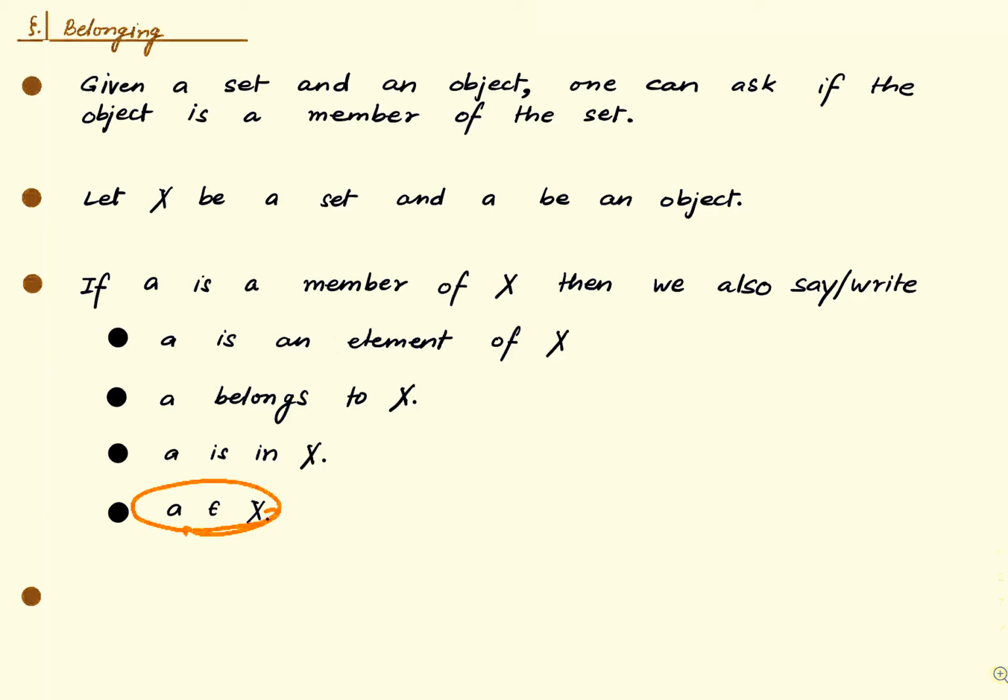This is a convenient notation here. This is like an E, kind of like an E, but it's curly. So let me draw that again. It's like this. And if you know LaTeX, this is how you generate that symbol in LaTeX. But if you don't know LaTeX, then forget about it.